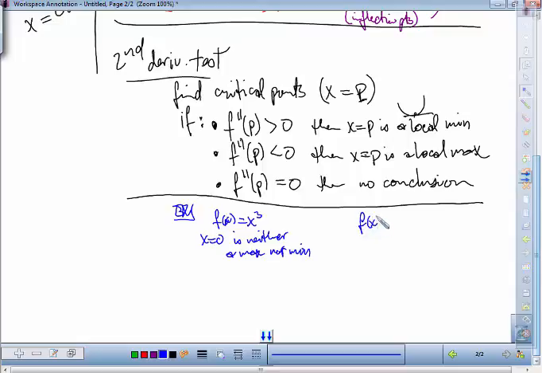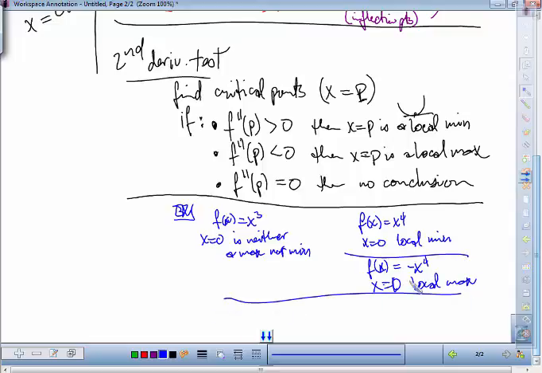But if f of x is equal to x to the fourth, x equals 0 is a local min. And if you want, a third example is negative x to the fourth, where x equals 0 is a local max. So these are all examples from Calc 1. Like I said, we probably don't use the second derivative test very often because we might get no conclusion for our results.